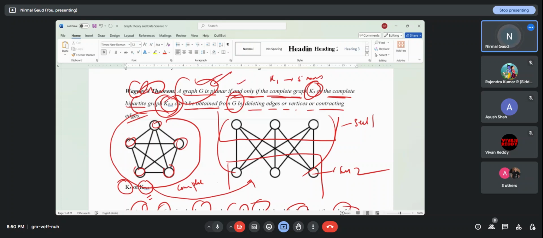If there is a graph which is planar, I can't obtain this and this, both. Why? Because they have intersecting edges. And planar says that okay, there should not be any intersection.